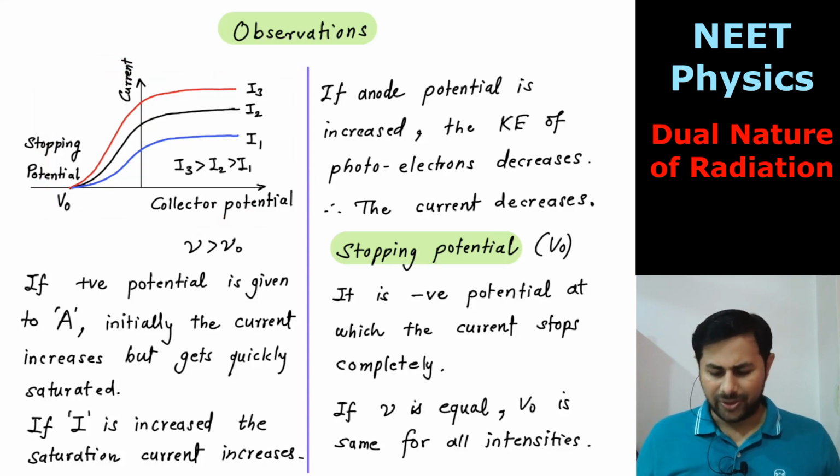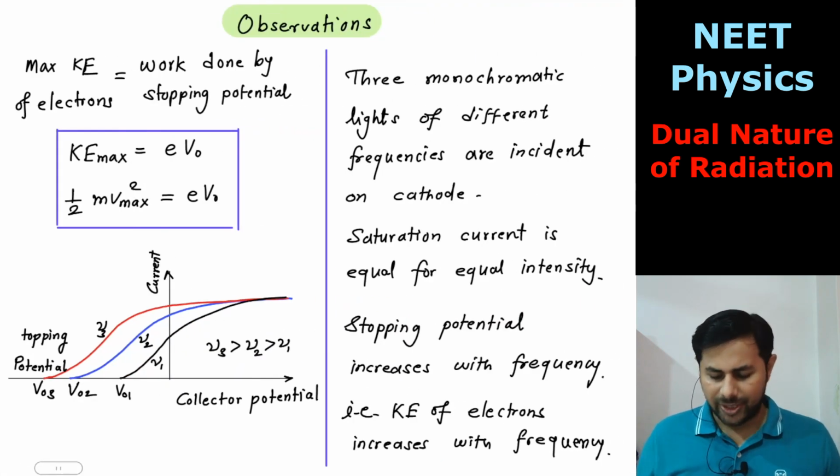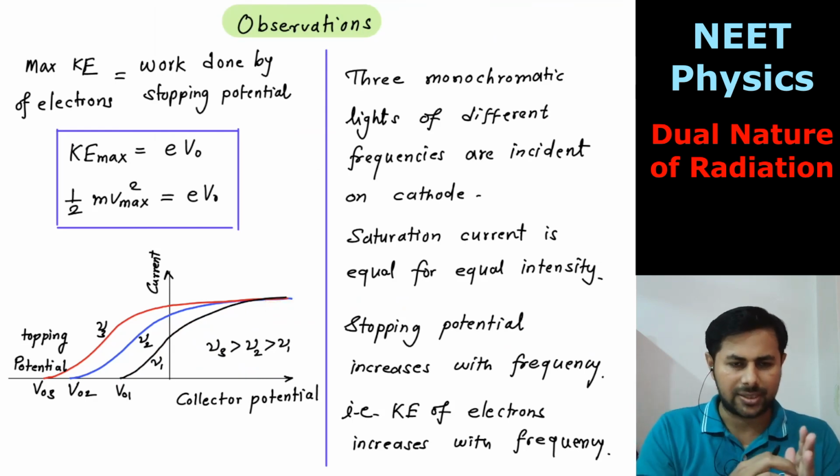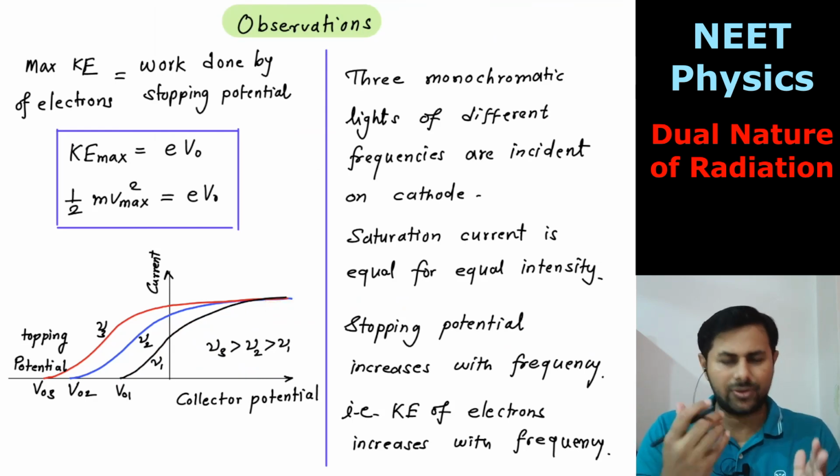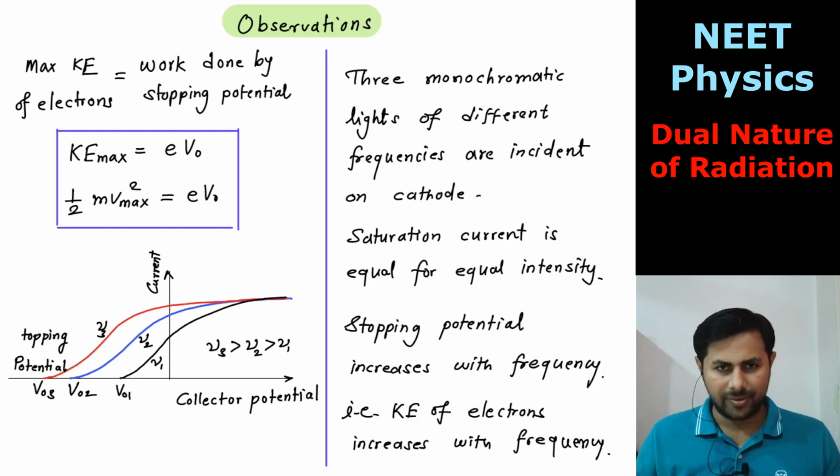So that's simple. And next one, when the intensity is the same, it means the same number of photons are striking the electrons, so you get the same current.